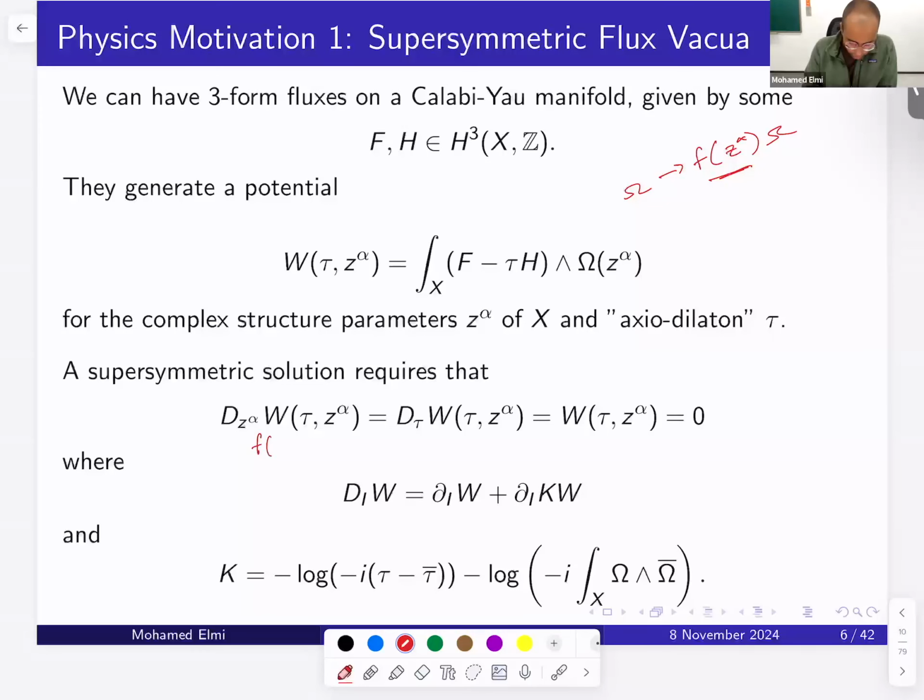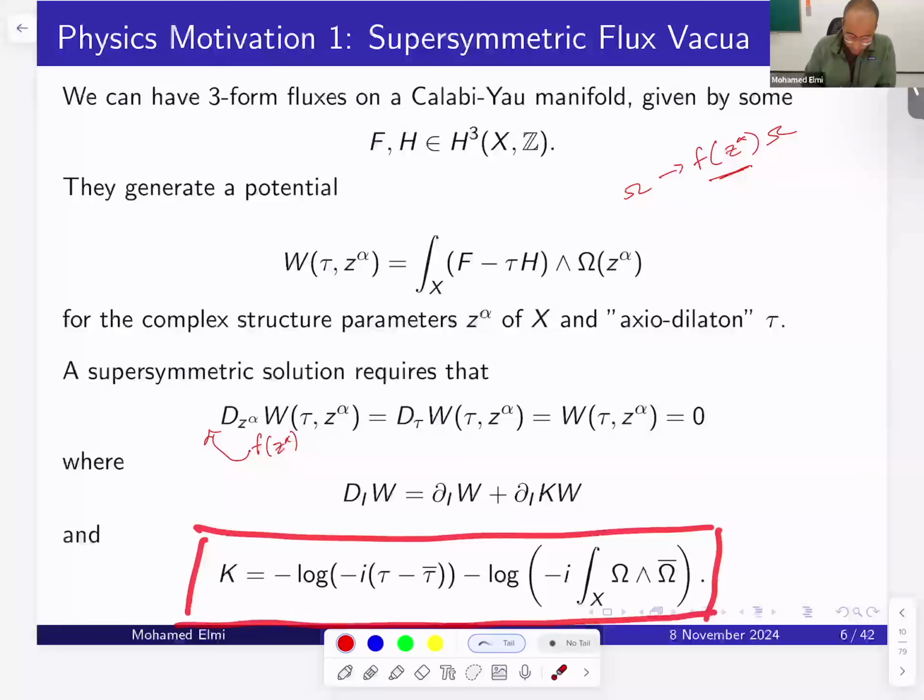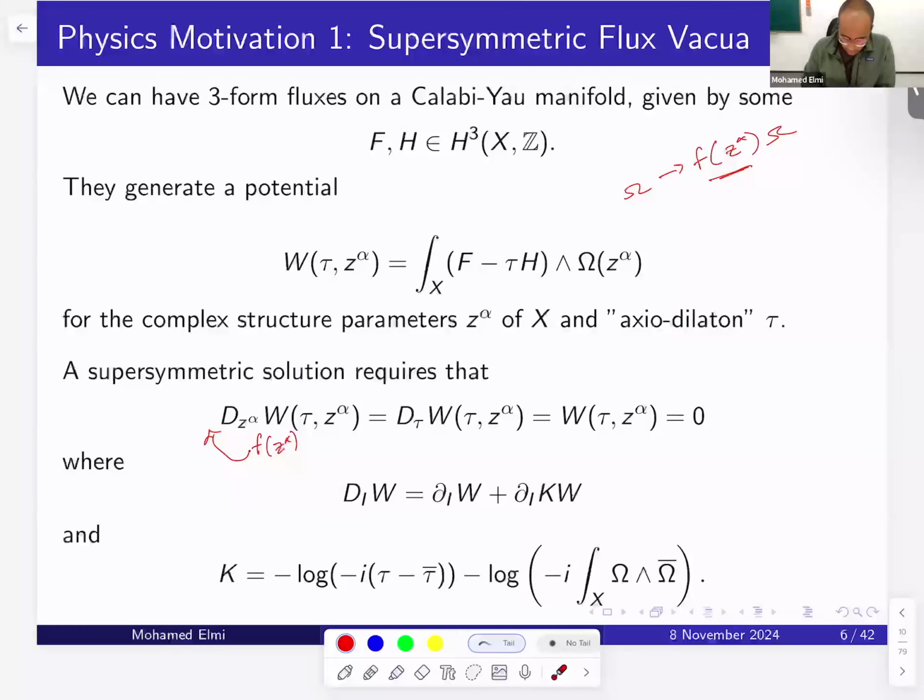Here, this function can be moved out past, it will commute with this covariant derivative, as I'm sure many of you have seen before. And here you have to use a connection, which is the derivative of a Kähler potential on a moduli space.